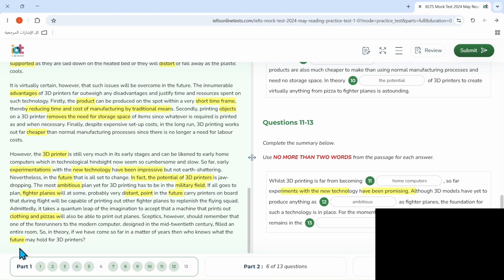Who knows what the future may hold. Such a project remains in the very distant future.